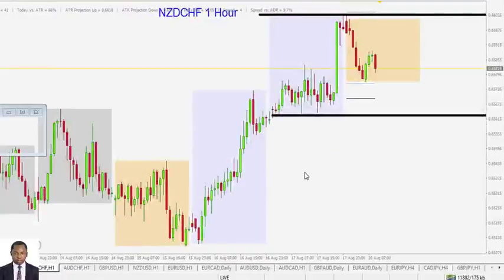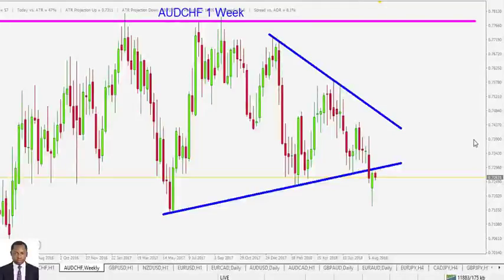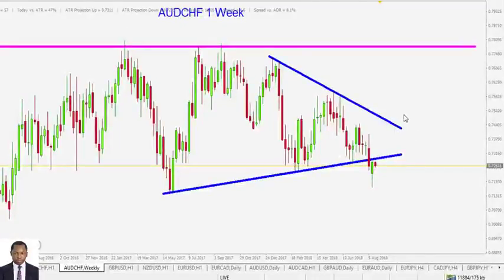Okay, Australian dollar against the Swiss franc. All right, trading just around an area that acted as a former support and may now act as resistance.